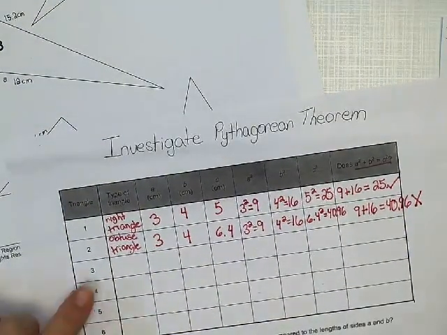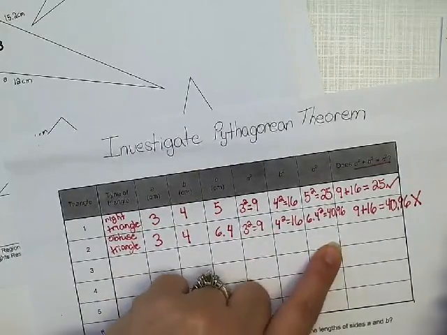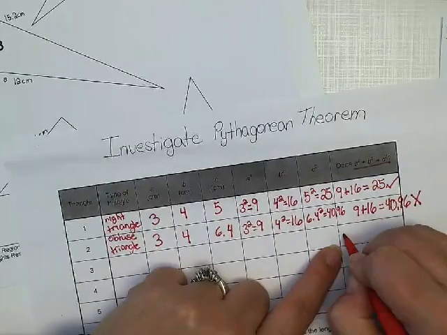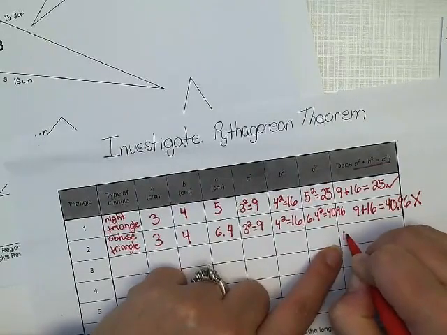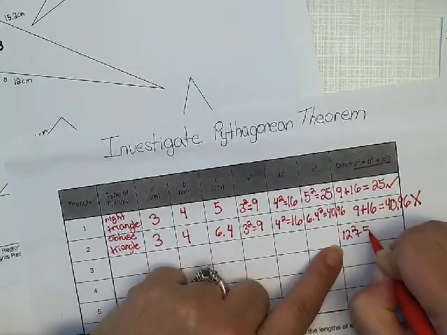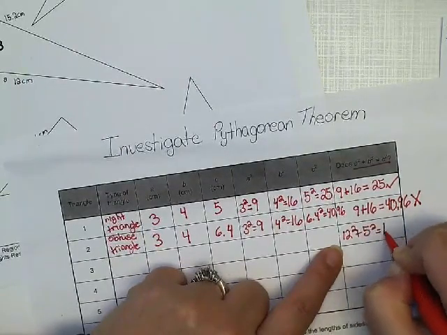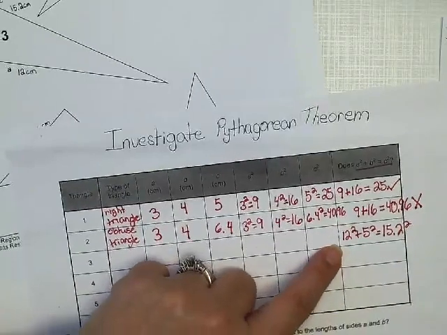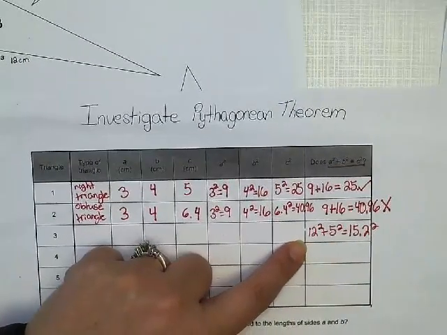So for 3, you should have had it filled in, and you should have done 12 squared plus 5 squared equals 15.2 squared. So did you get, does it equal each other, yes or no?